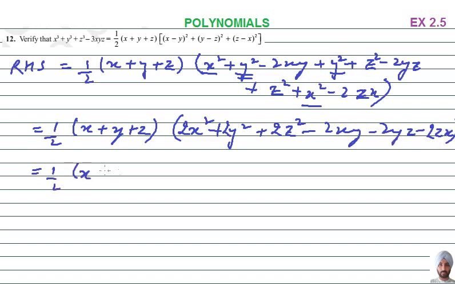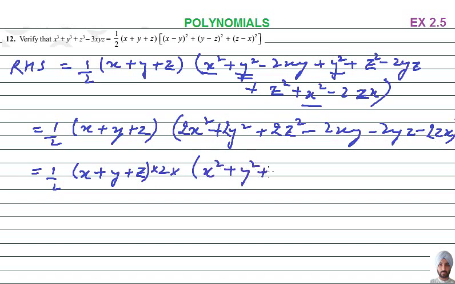Next, I can easily do this. Okay, so this is not going to change. I can easily take out 2 from this term. Why? Because 2 is coming in all the 6 terms, so 2 is common here.